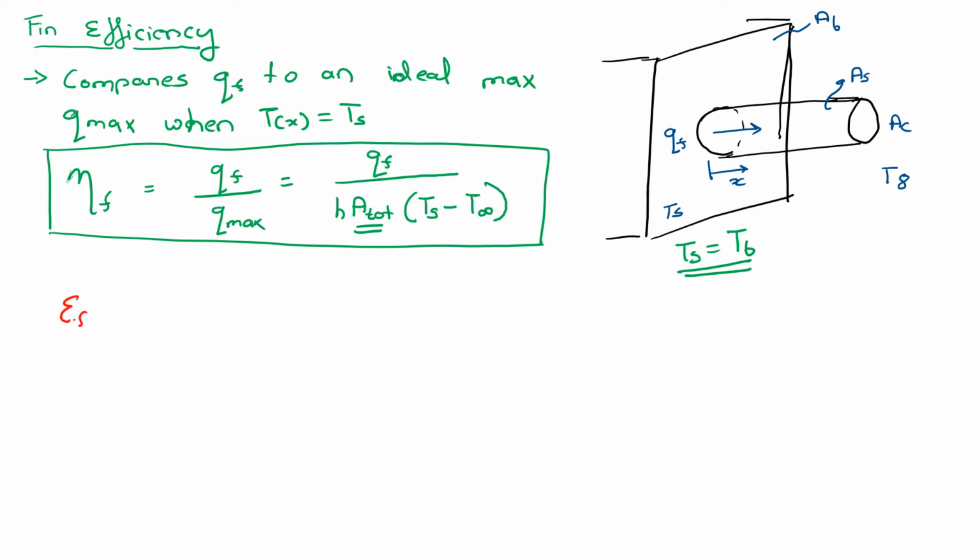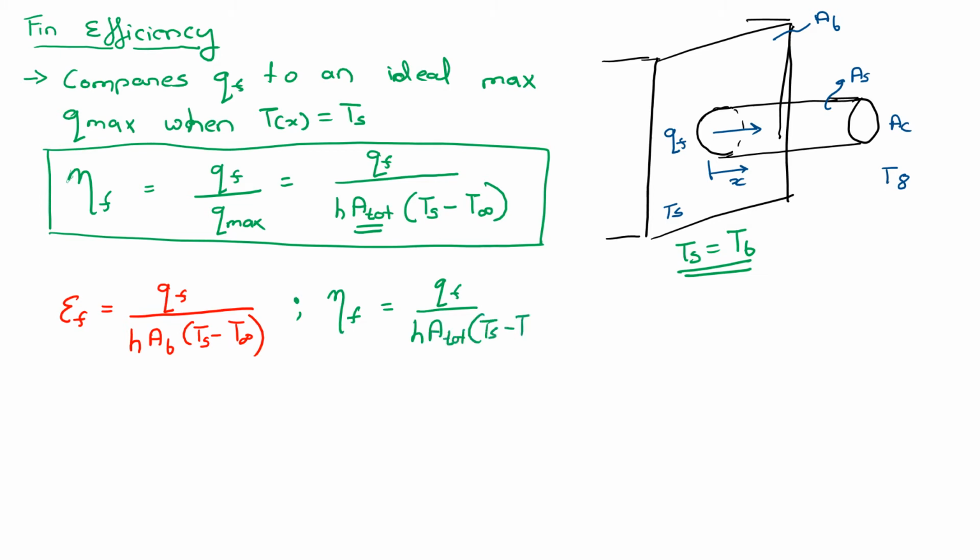So fin performance is denoted by epsilon of F, and the formula will be QF divided by h into area of the base multiplied by Ts minus T infinity. That's the heat transfer rate if there was no fin, whereas for efficiency you compare it with the maximum or the ideal maximum heat transfer rate possible, and the formula will be QF upon h into the total area into Ts minus T infinity.